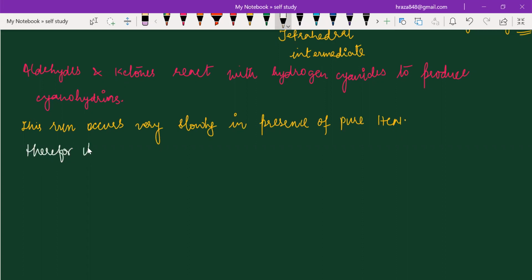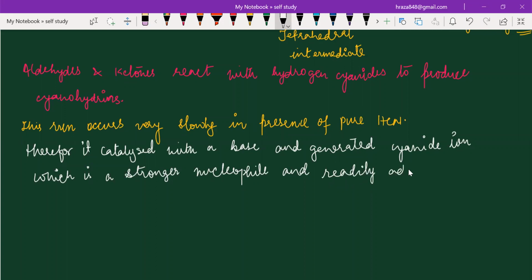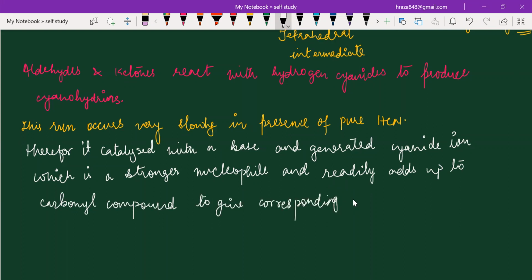Therefore, it is catalyzed with a base, which generates the cyanide ion, which is a stronger nucleophile and readily adds to the carbonyl compound to give the corresponding cyanohydrin.